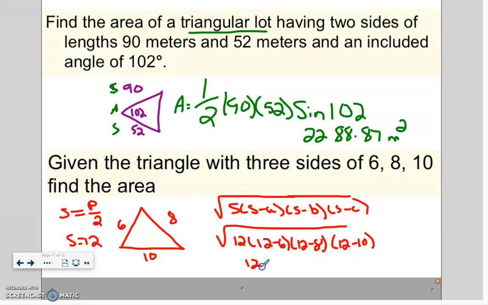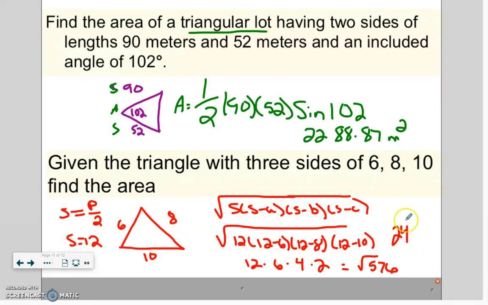So you get 12 times 6 times 4 times 2, which is 48 times 12, equal to the square root of 576. And the square root of that value is 24.